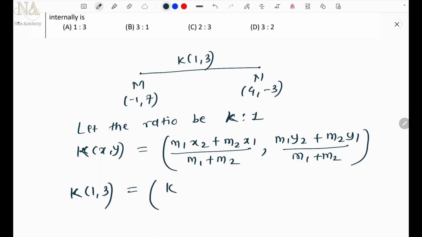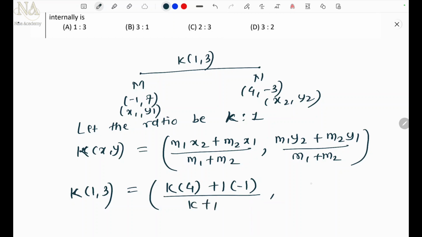I will take this as x1 y1 and this as x2 y2. So x2 is 4 plus M2 is 1 and x1 is minus 1 upon K plus 1. Again K into y2 is minus 3 plus 1 into 7 upon K plus 1.